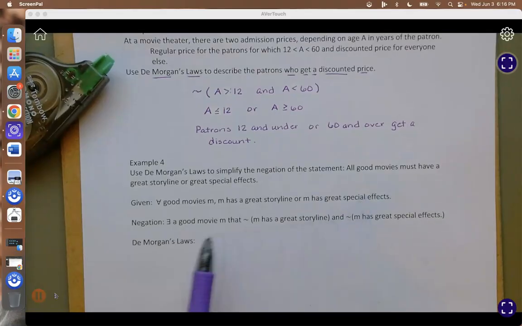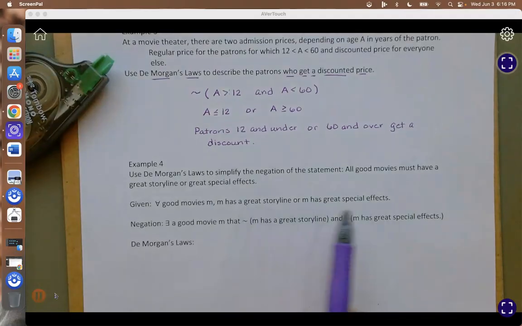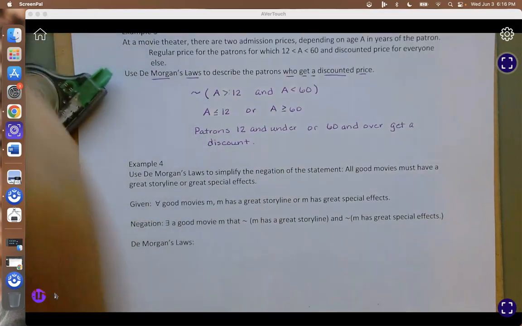So, there exists a good movie. This says does not have a great storyline and does not have special effects because you negate this, and this becomes and.